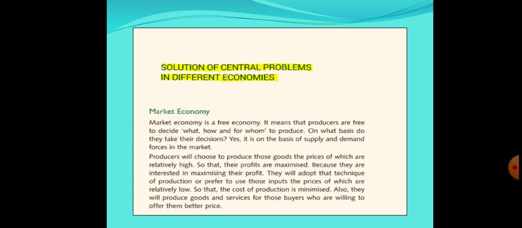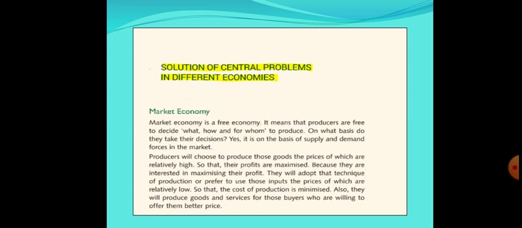Therefore, the problem of what to produce is decided by the private sector on the basis of demand and supply. Private producers will produce those goods that fetch them high profits. Social welfare is overlooked.